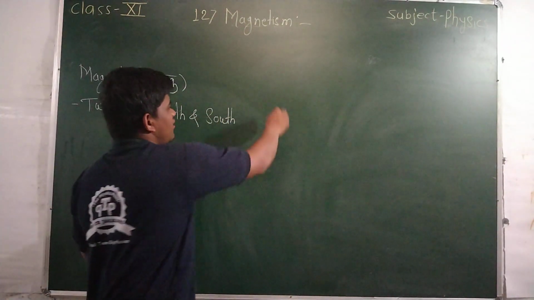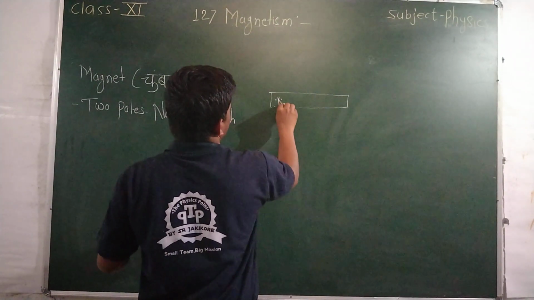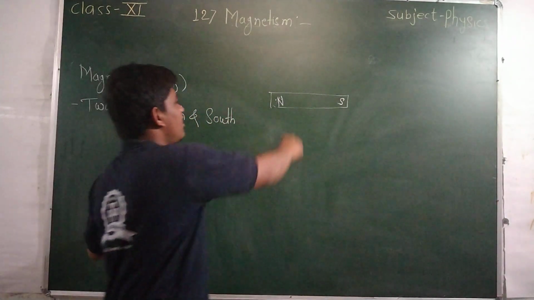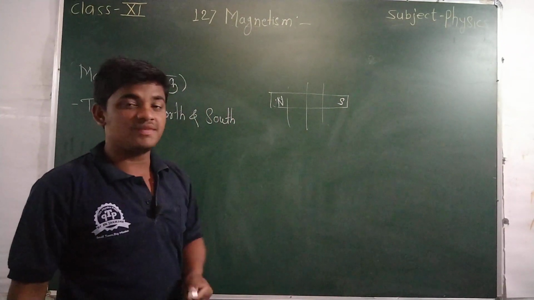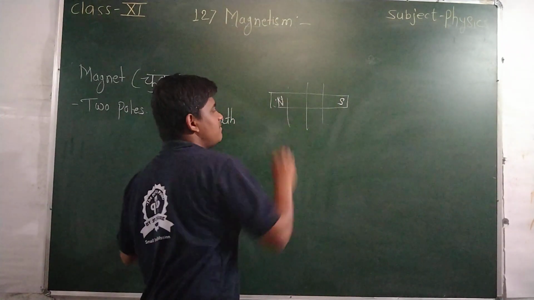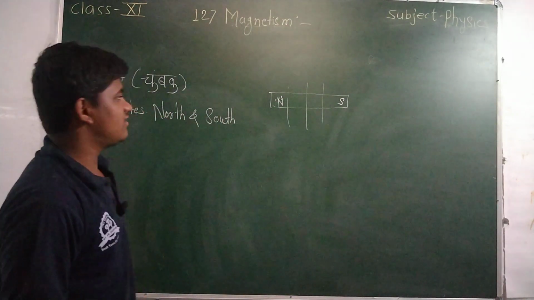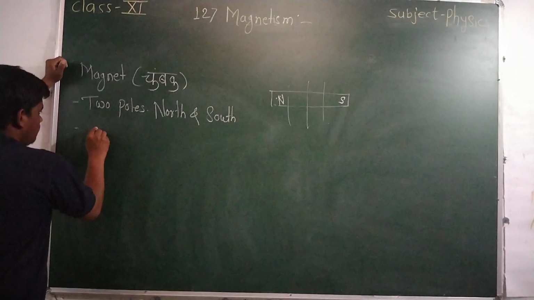When a big magnet, with north and south poles, is cut or broken into a lot of smallest pieces, each individual piece shows the independent property of a magnet. This is the second property of magnet.